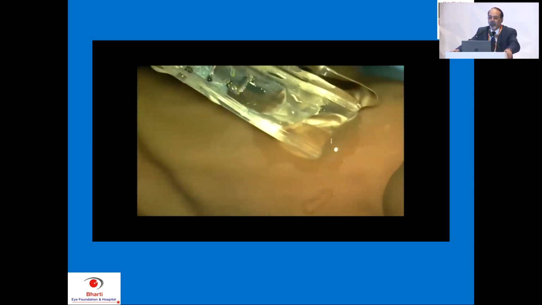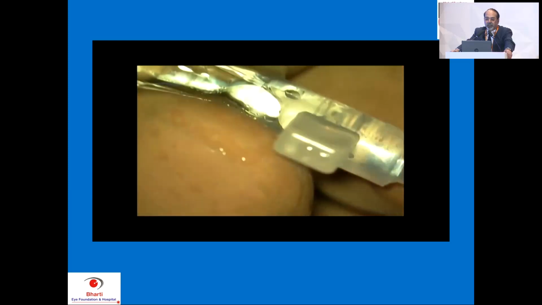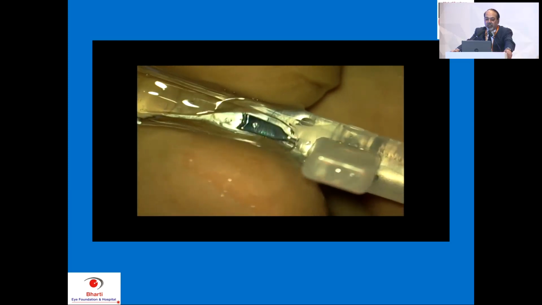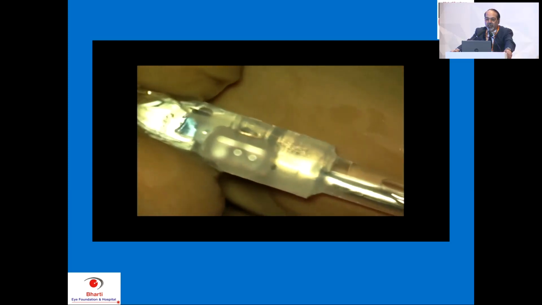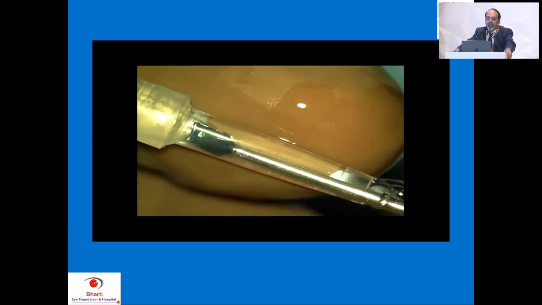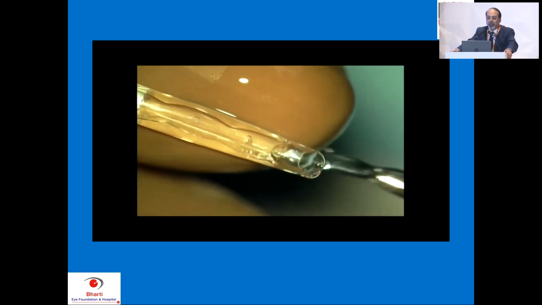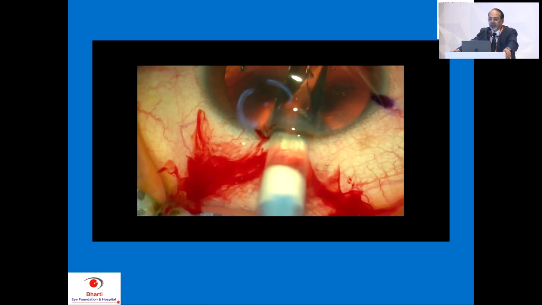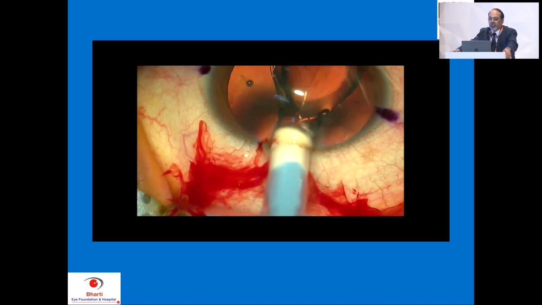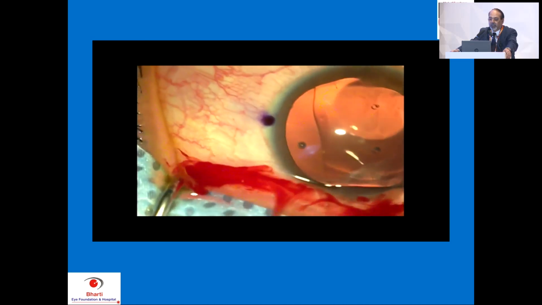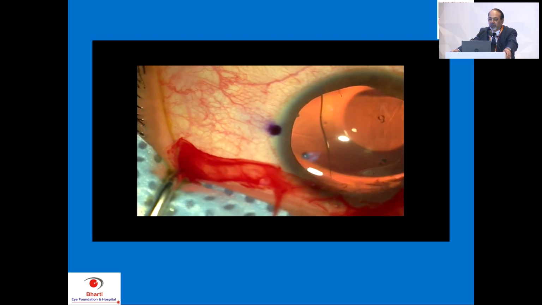bottle, and this way this viscoelastic takes care of the ICL. It does not fall. And then this is just to hold the ICL and pull the cartridge back, and not pull the ICL into the snout and then inject it. Everyone has seen it opens very peacefully into the anterior chamber.